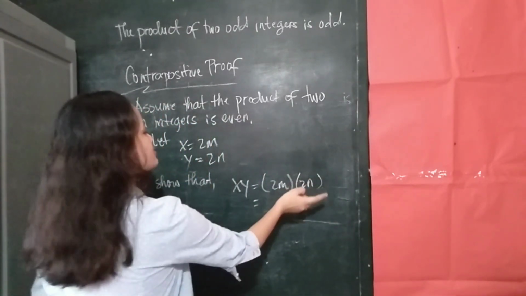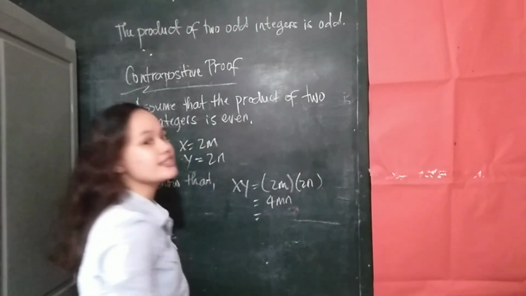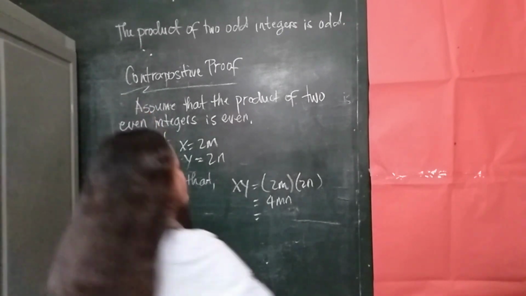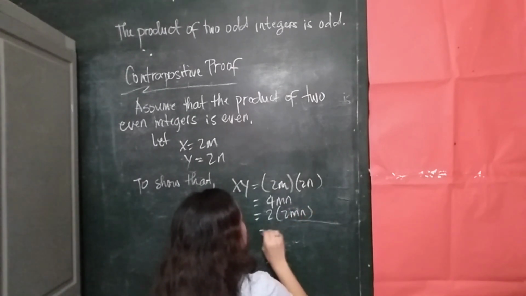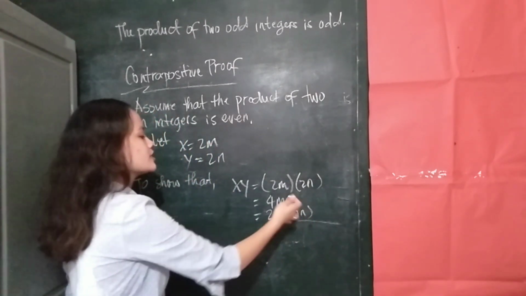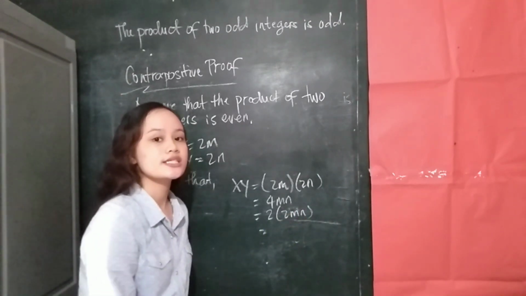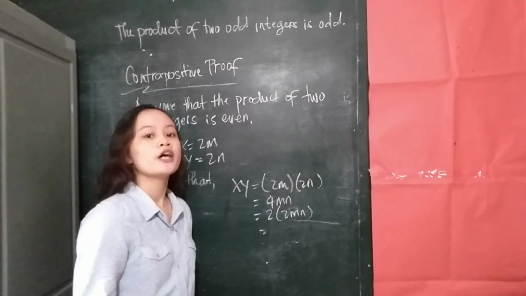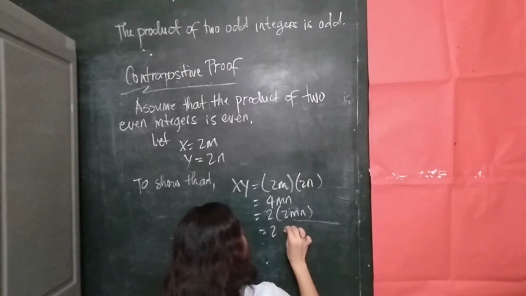So 2m times 2n is equal to 4mn. The next step, we are going to get the common factor, which is 2 times 2mn, since 2 times 2mn is equal to 4mn, and the 2mn inside the parenthesis is an integer. So we use the variable a to represent the integer. We copy the 2 times a.